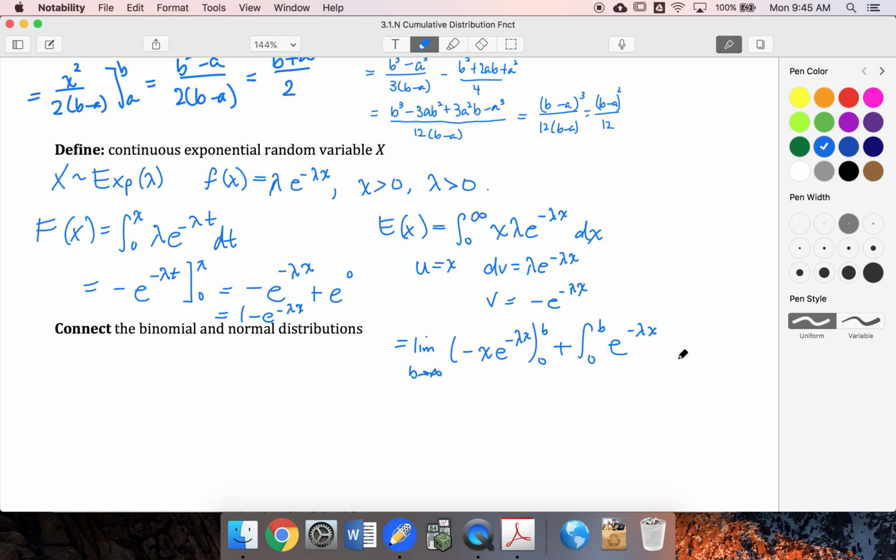Go ahead and simplify all this, and you should find that your expected value is 1 over lambda. I'll leave it up to you to prove that the variance for X is 1 over lambda squared for this exponential random variable distribution.